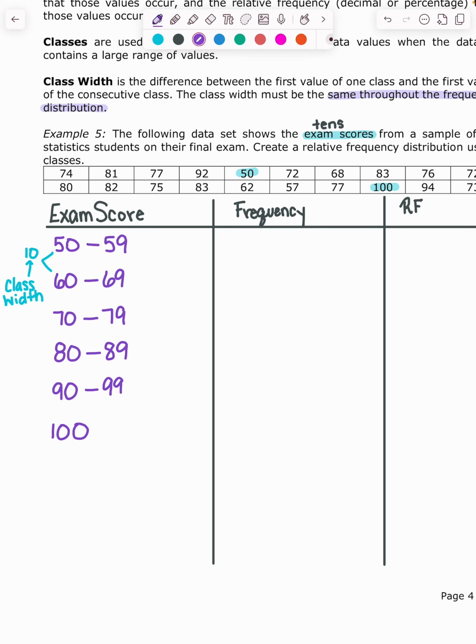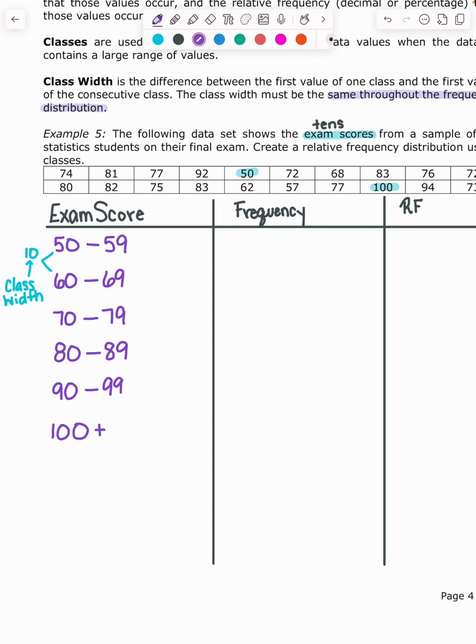Just going to rewrite that. And then I said I was going to leave this last one 100. We only have one score in this particular table of a 100. But when you get to this last one, if you have just one or two scores at that top number or above, and they're potentially really up there, and you don't want to keep doing lots of rows of your table to get there, what you can do is 100 plus.